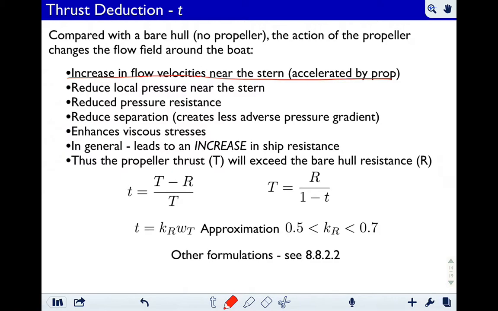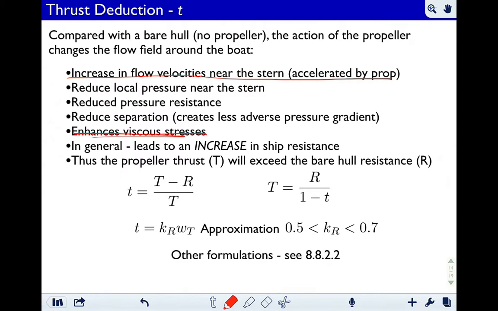That actually leads to reduced flow separation, keeping the boundary layer from separating, which is a favorable effect, but ultimately it's an unfavorable situation. You have an increase in ship resistance, and that's largely because you've enhanced the viscous stresses.